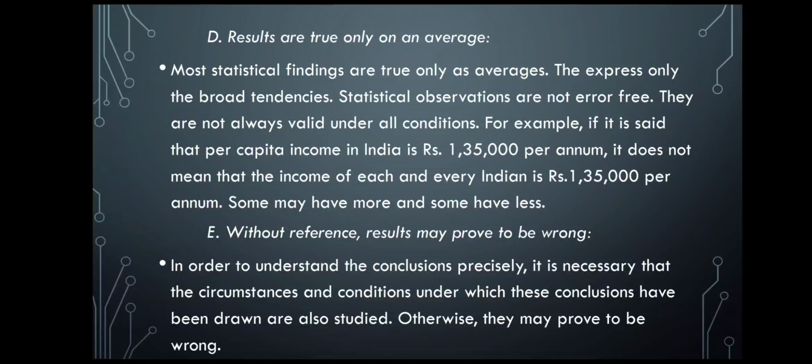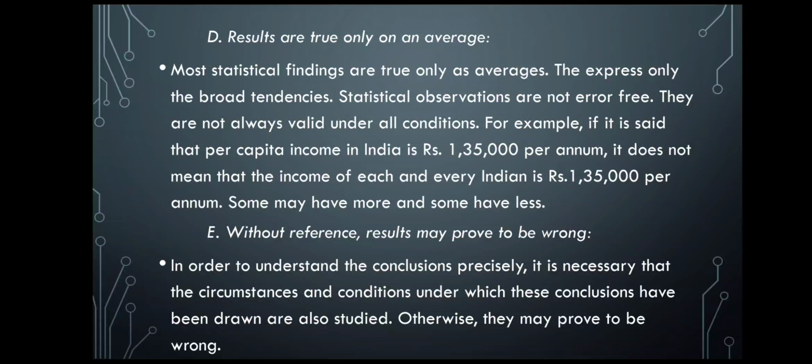The next limitation is results are true only on an average. Most statistical findings are true only as averages. They express only the broad tendencies. Statistical observations are not error free.